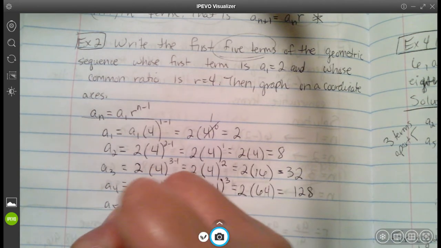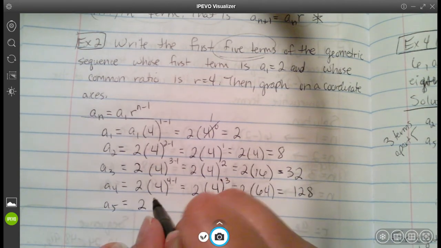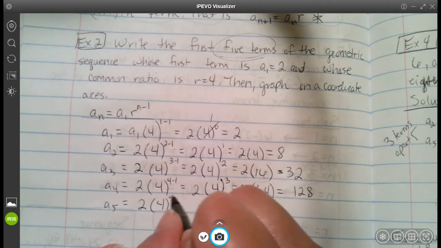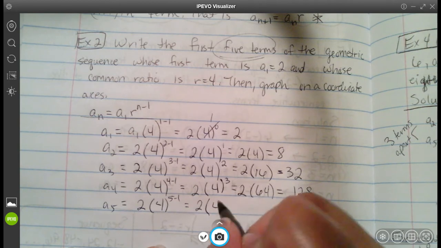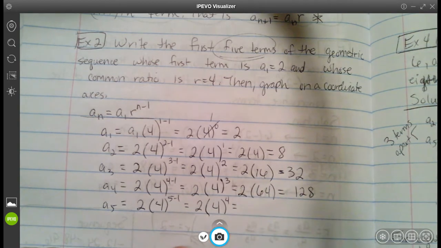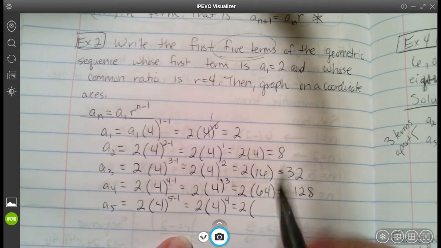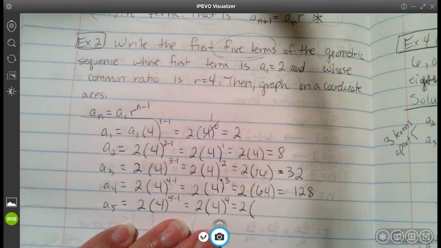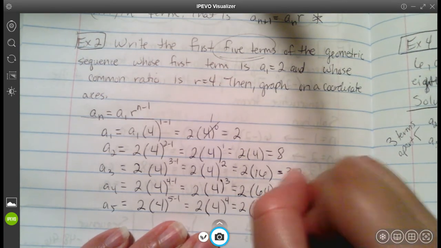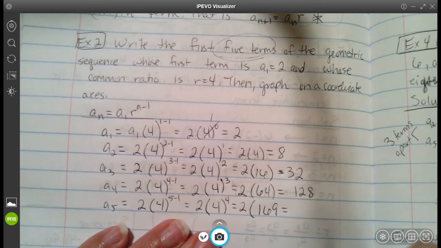We are on the last term, fifth term. So 2 times 4 to the power of 5 minus 1, which is 2 times 4 to the fourth power, which is like saying 4 times 4 times 4 times 4, which I'm going to do in my head as 16 times 16, which is 169, I believe.